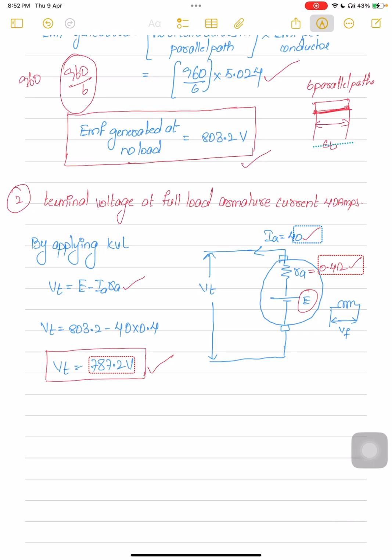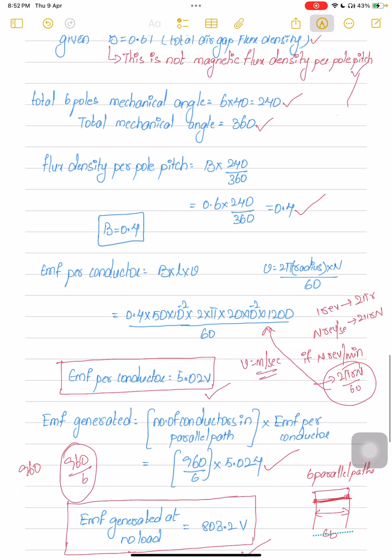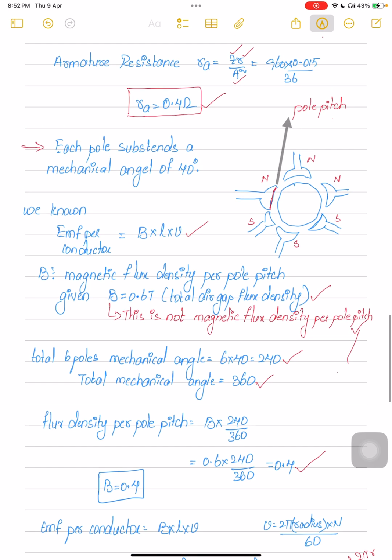Here I want to give more explanation on how we are calculating the magnetic flux density. Here we see this is a 40 degrees mechanical angle. After this angle there will be some air gap on this side also.